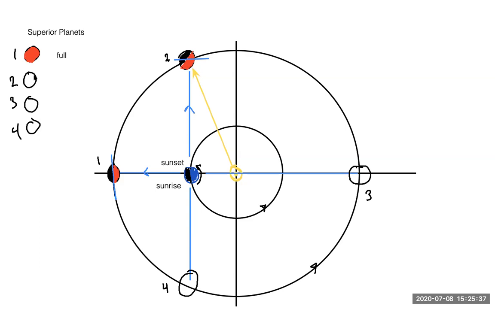So there's a slight shadow on the left, and the rest of it is illuminated. So we call this gibbous.